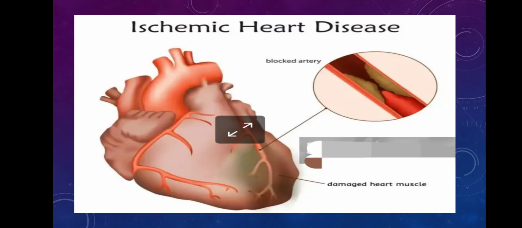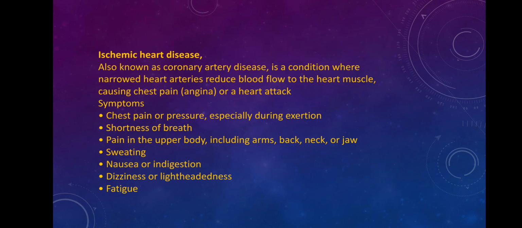Could you understand what are the things we have discussed? The ischemic heart disease. What is ischemic heart disease? It's a narrowing of the heart arteries, reducing blood flow to the heart muscle, caused by angina and heart attack. What are the symptoms?